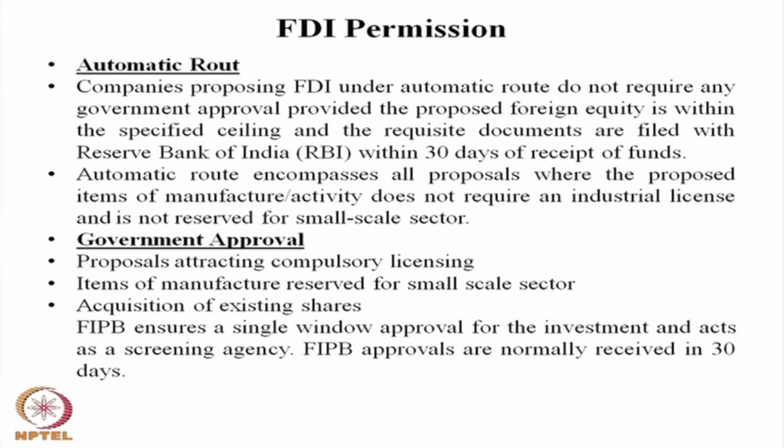In case of the reserve list, they have to come through the Foreign Investment Promotion Board, and that is called government approval required for foreign direct investment. Here the proposals attract compulsory licensing, because these are the reserve list items where foreign direct investments are coming. Government has to give the license for foreign direct investment in that sector.